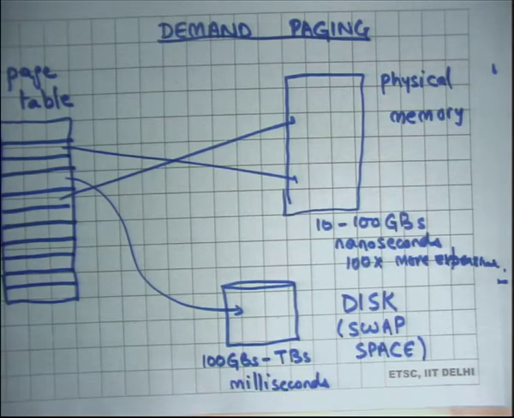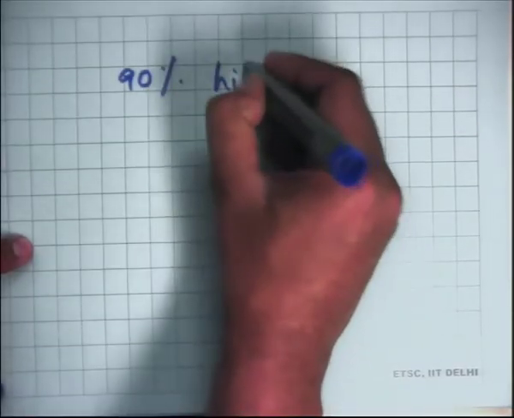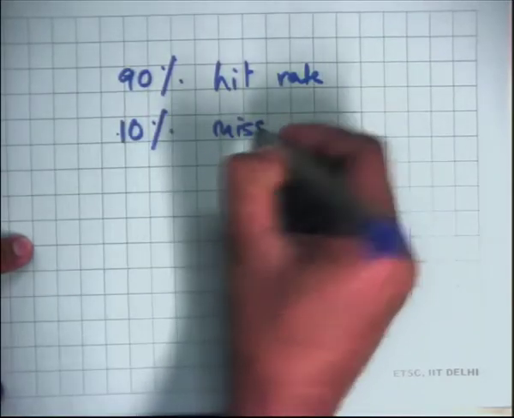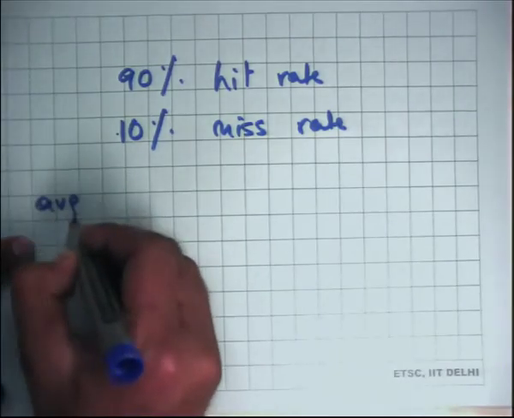So let's take an example. Let's say you have a hit rate of 90%, and a 10% miss rate. What is my average memory access time?